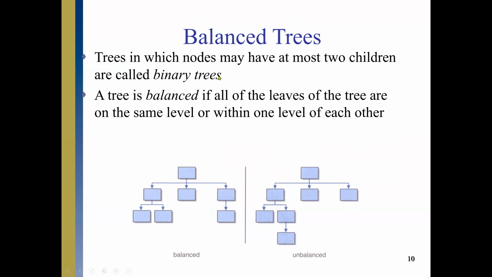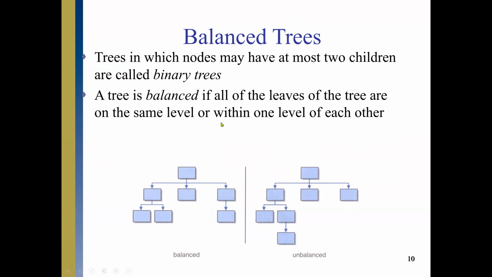And that's the type of tree we are going to focus on in these lectures. Now, a tree is balanced if all of the leaves of the tree are on the same level or within one level of each other.